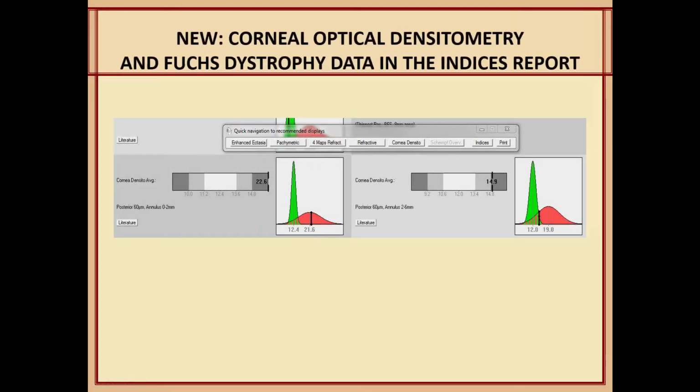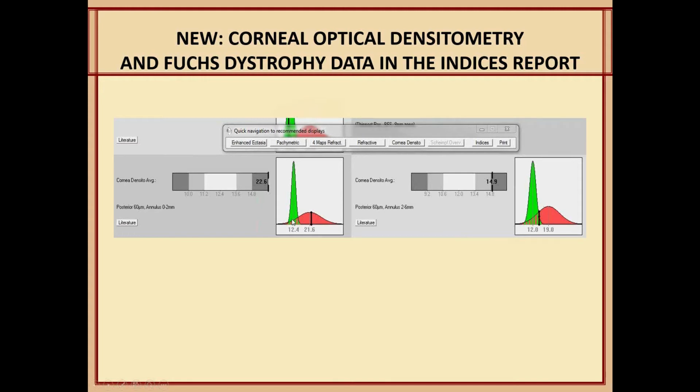Another new item that they have is the corneal optical densitometry, and really it looks at the thickness of the cornea and of the changes, in the average and in the center portion. This is between 0 and 2 millimeters, and this is more at the periphery between 2 and 6 millimeters.